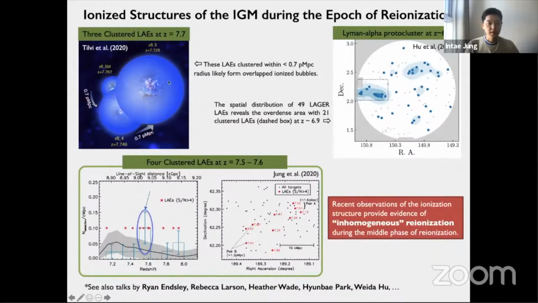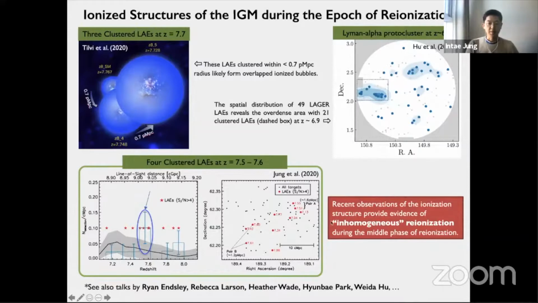For instance, the recent findings of clusters of Lyman-alpha emitters at redshift 7.7 from Tilvi et al., and also a protocluster structure of Lyman-alpha emitters at redshift around 7, just presented by Wei Hu. Additionally, a highly ionized structure with 4 clustered Lyman-alpha emitters at redshift around 7.5 from my recent study suggests enhanced Lyman-alpha visibility from these bright galaxies.